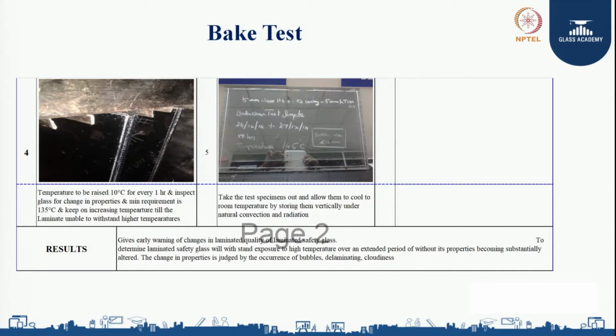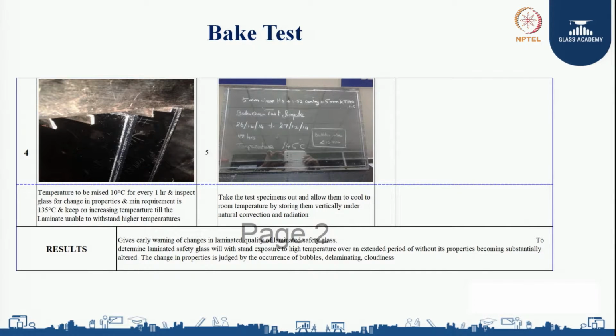So in order to summarize, in the bake test we are going to take samples and heat at 100 degrees centigrade for 16 hours. Then every 1 hour we are going to raise the temperature by 10 degrees centigrade and inspect the glass every hour. We need to make a note when the bubbles start to form. The minimum requirement is 135 degrees centigrade, and we need to keep on testing until my glass is not able to withstand high temperature and bubbles start to form.